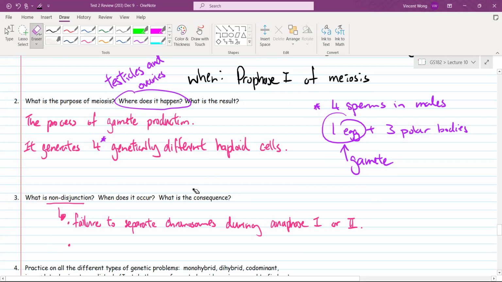And what's going to be happening at the end? The result is gametes containing extra, so n plus 1, or missing, n minus 1 chromosomes.